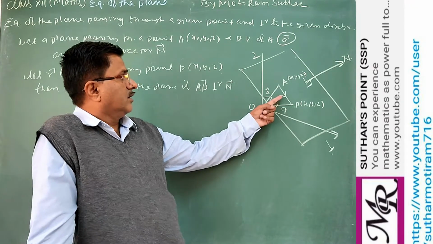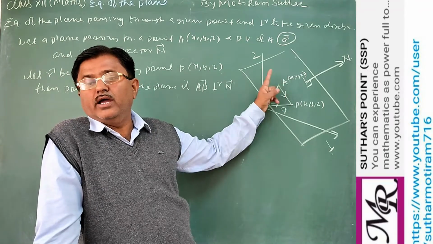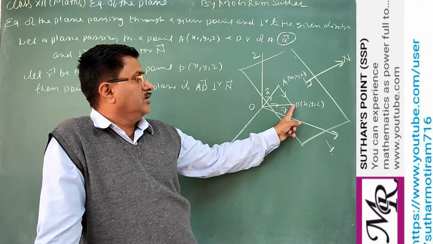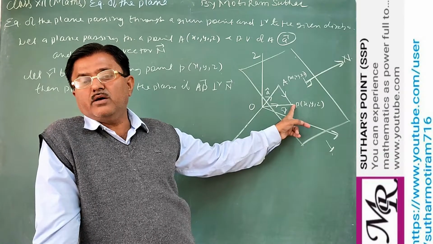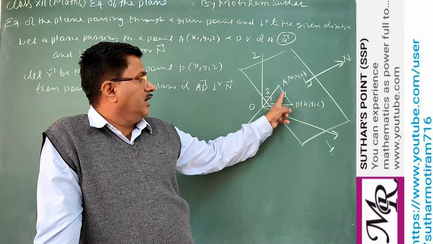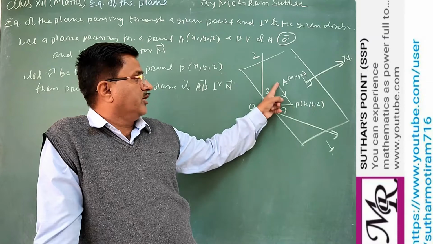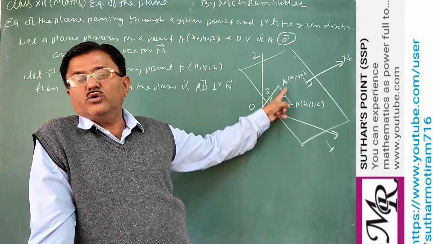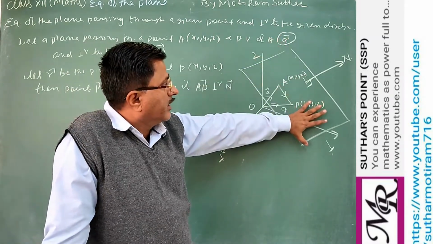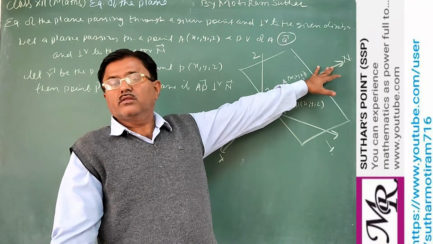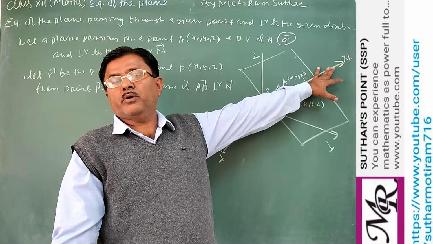See, here point A lies inside the plane, P also lies inside the plane, so the line joining these two points will also lie in the plane. And we are given the normal vector n as perpendicular.